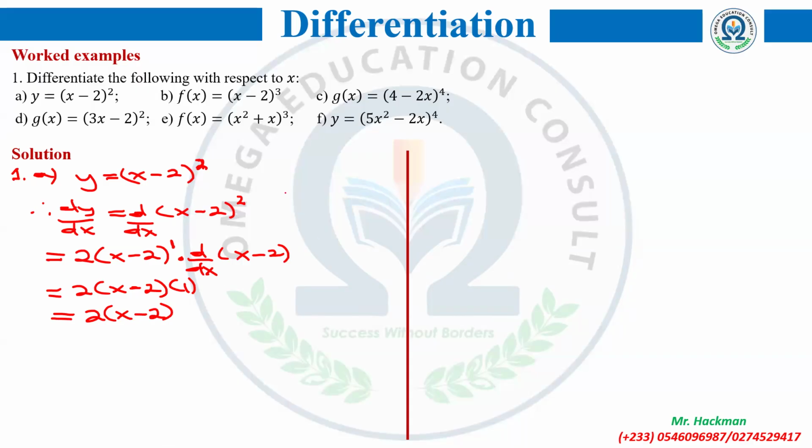Let's do it by expanding, where you are asked to expand. That gives us y equal to x minus 2 squared. If you expand, what do we get? x squared minus 4x plus 4, do you agree?